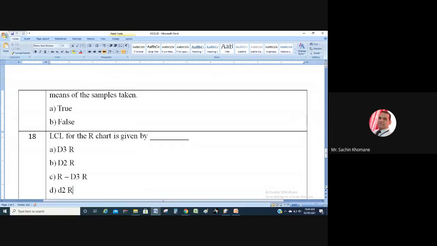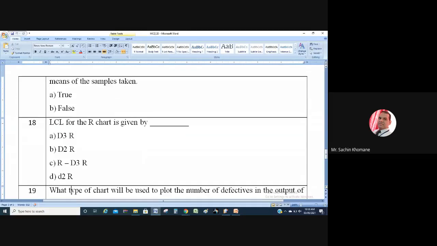For every chart, LCL and UCL is required. Try to remember such small formulas. So D3 into R bar, that is the LCL that we have seen in the R control chart. So the formula is D3R.